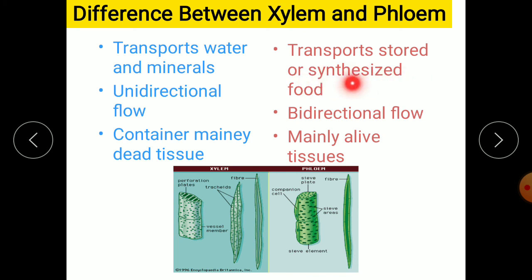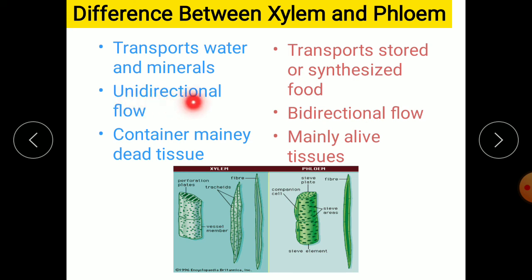Synthesized food is synthesized in the leaves, and stored food is stored in storage organs like roots, stems, fruits and seeds. At the time of need, the food is also transported from the storage sites to the growing parts where the food is needed.